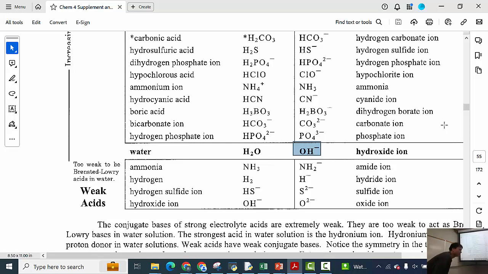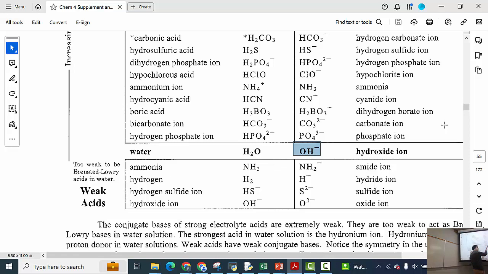Ammonia is an acid, right? Ammonia is an acid, but what do you know about ammonia as an acid? It's too weak. You don't really consider it much of an acid, unless you have an extremely powerful base. We don't. But we've seen ammonia not on the left side here, but we've also seen it on the right side here. And as a base, these are the strongest bases here, so it's a moderately strong base.